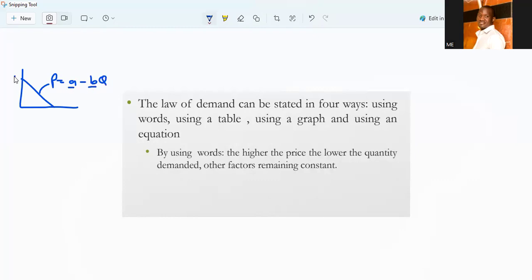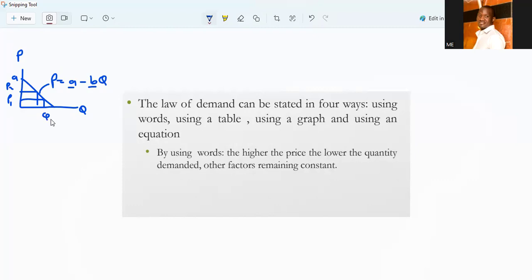The A is where it cuts the P-axis. The P is always on this axis, and this is our Q. For every increase in 1 unit from P1 to P2, there will be an accompanied decrease in quantity demanded from Q2 to Q1.